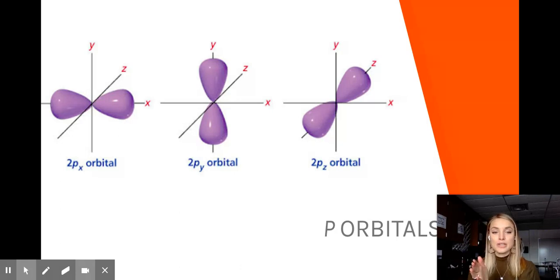The second energy level's p orbital can be oriented x, y, or z, logically following the graphs and orientation in space. Each p orbital, you'll remember, can contain up to 2 electrons. Because we have 3 different possible orientations, we can have up to 6 electrons in a single p subshell.